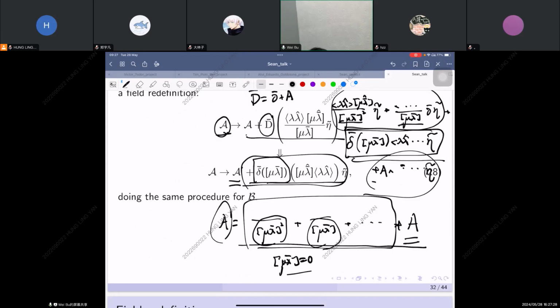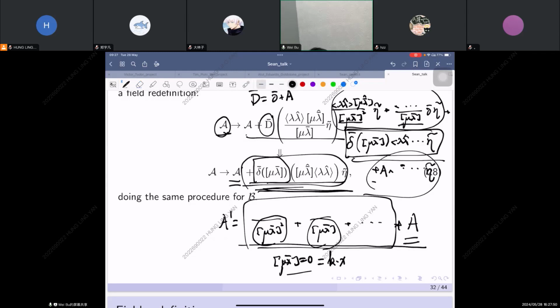And the system's response to me is to give me an extra system living on this locus, mu lambda bar equals 0. But mu lambda bar equals 0 is k dot x equals 0 on spacetime. So in this way, what I'm doing is adding these extra field configurations, which are singular on k dot x equals 0, by hand through a field redefinition.